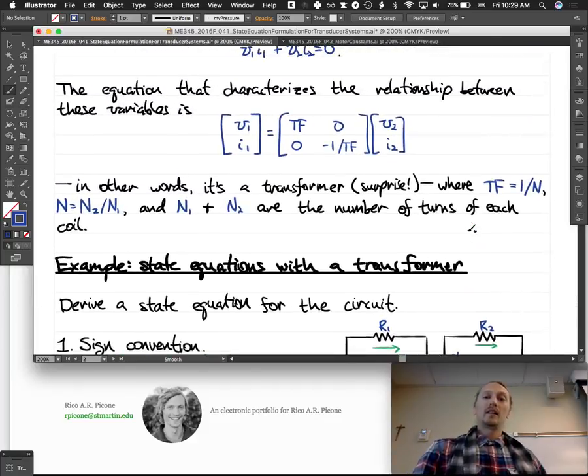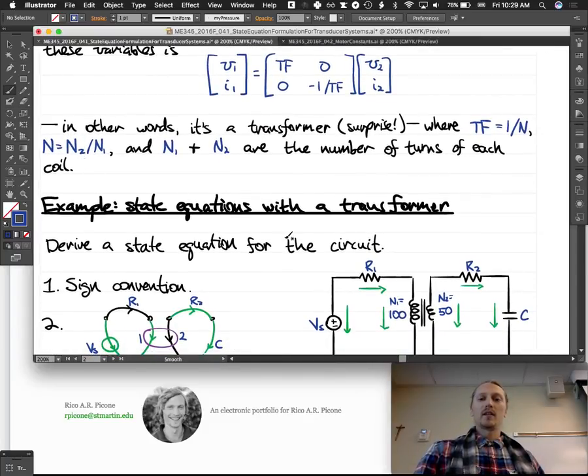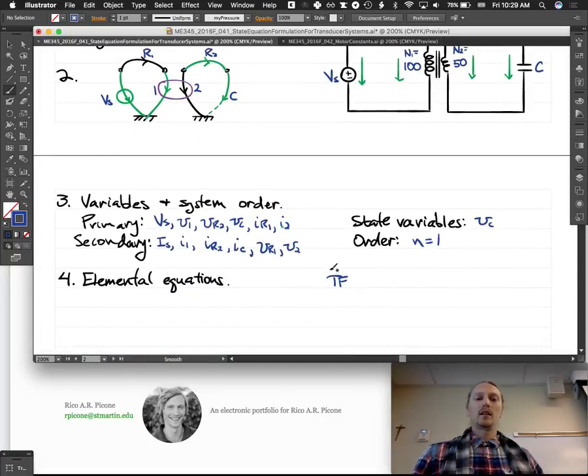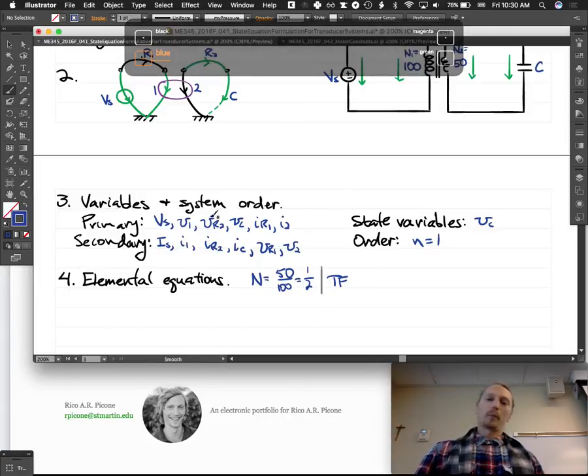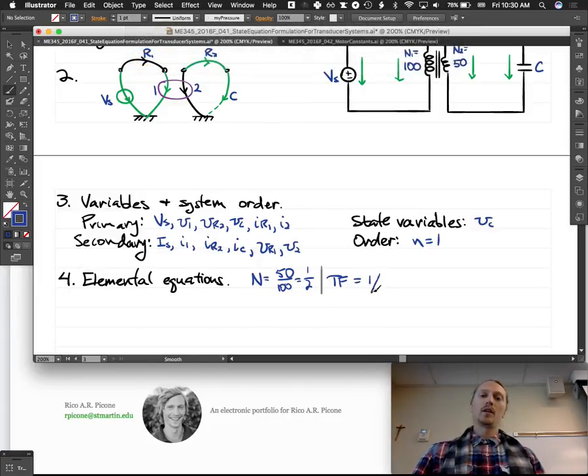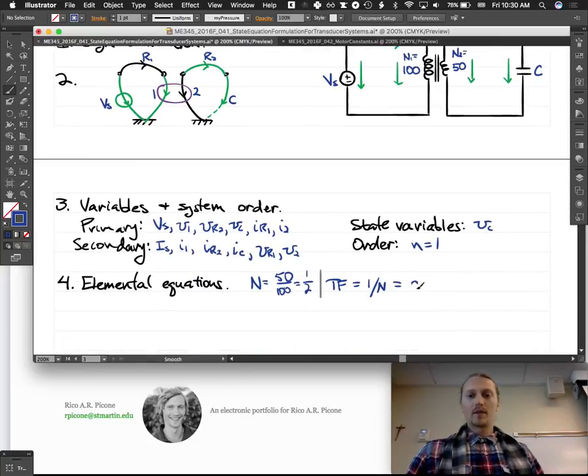So n is n2 over n1, which is 50 over 100. So first I'll write n equals 50 over 100 equals 1/2. And then we'll separate that from TF equals 1 over n. So what is TF? 2, right? TF is equal to 2.